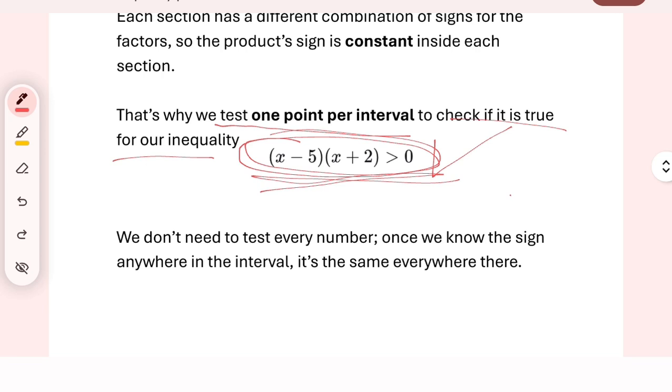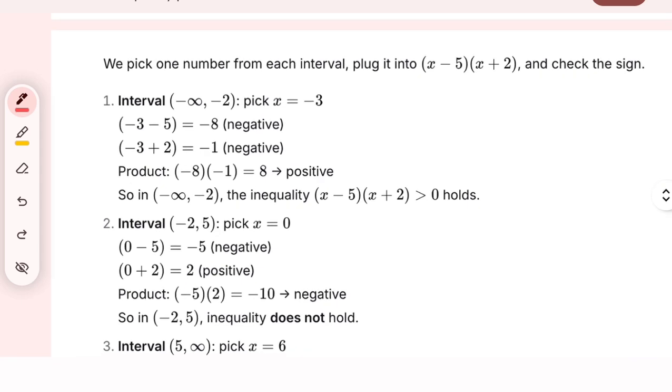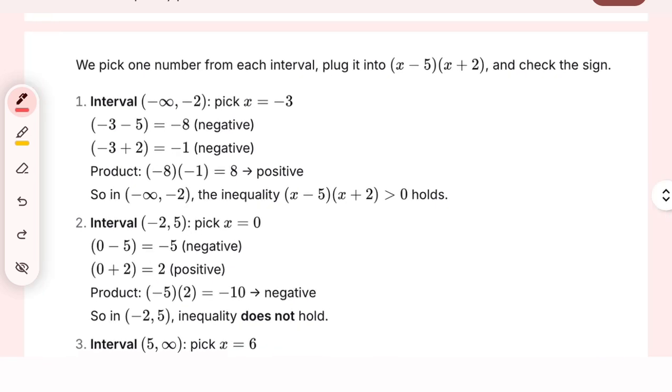We will now test the first interval. The first interval is from negative infinity to negative 2. Let us pick any number within that interval. Let me pick negative 3. Yes, I can pick negative 3 because negative 3 is between negative infinity and negative 2.